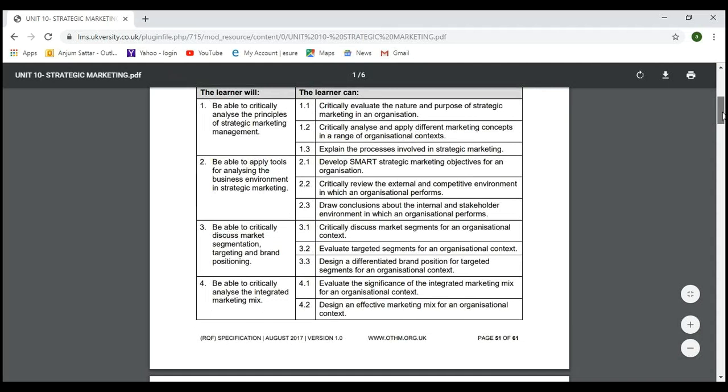Then we covered how to apply tools for analyzing the business environment and strategic marketing. We discussed the business environment: micro and macro environment, internal and external environment. We discussed SMART objectives: specific, measurable, achievable, realistic, and time defined, for strategic and long-term marketing. We discussed stakeholders, internal and external.